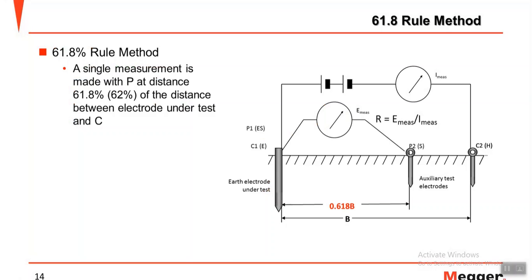Okay, the next method is the 61.8 rule method, or some people call it the 62 rule method, because it is easier to say. The 62 rule method just takes one measurement at 62% of the total distance between the electrode under test and the current probe.